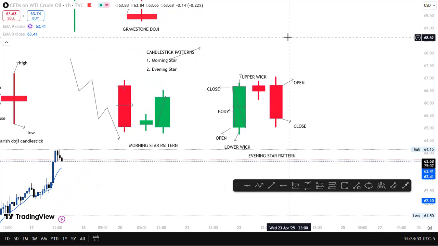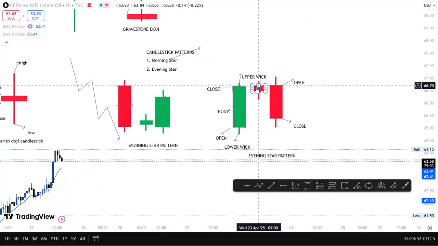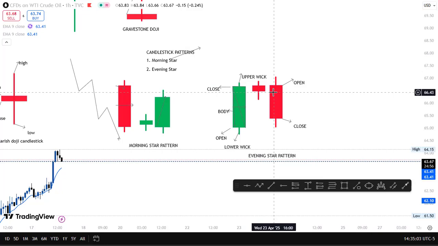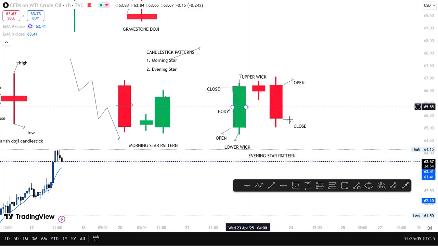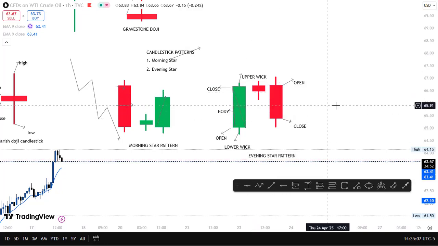The first one is a bullish candle, the second can be either a bearish or a bullish candle, it doesn't really matter, it can also be a doji, but the third candle has to be a bearish candle, and it has to at least reach the midpoint or even pass the midpoint of the first candle. So these are the other candlestick patterns we have, the morning and the evening star.